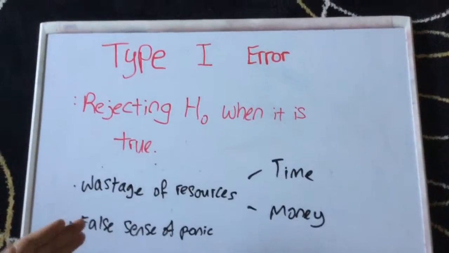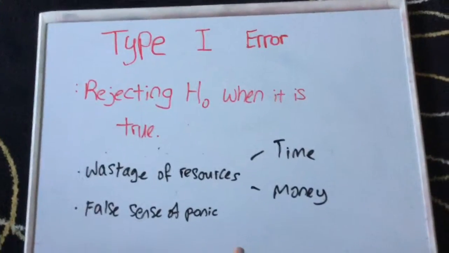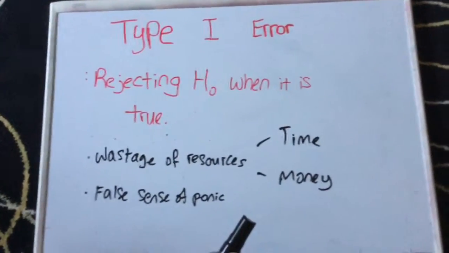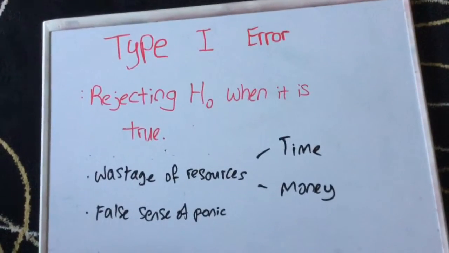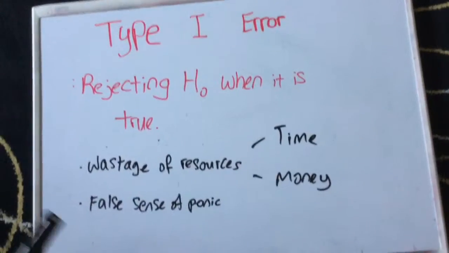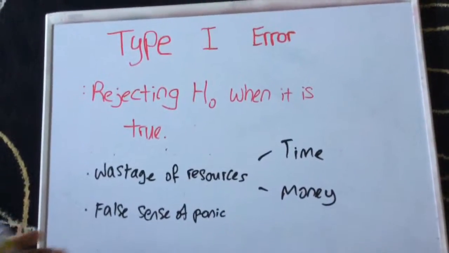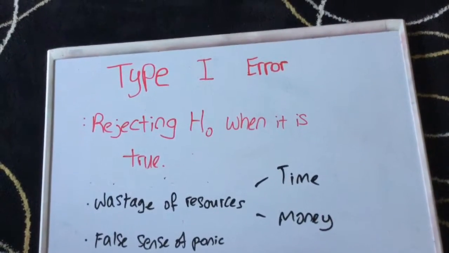By going for checkups, they may also waste their money paying for healthcare services they do not need. And as for the healthcare specialists or researchers, they may be wasting time trying to find a cure that is not needed, and funds may also be channeled wrongly.